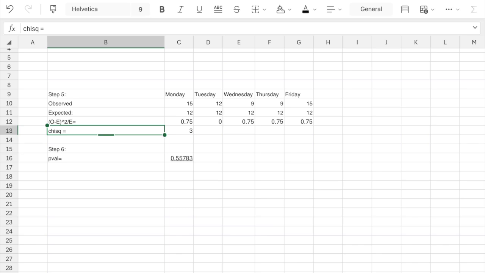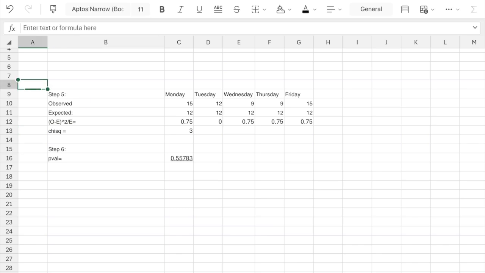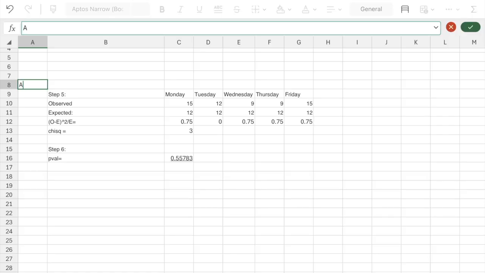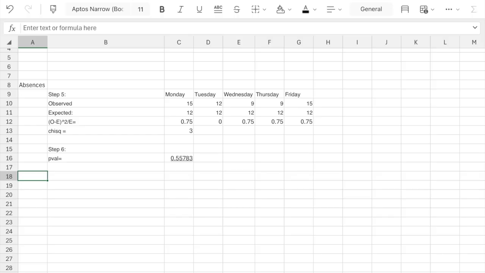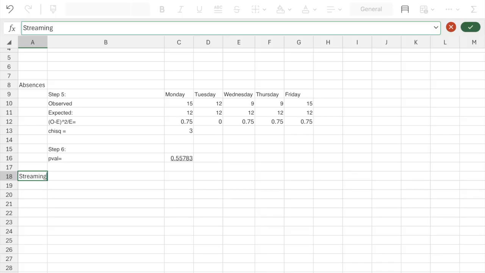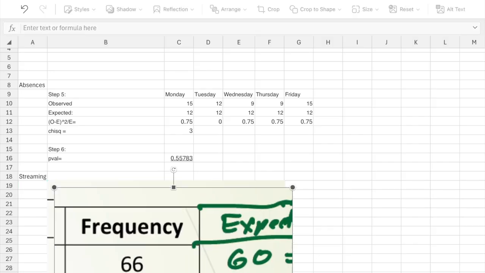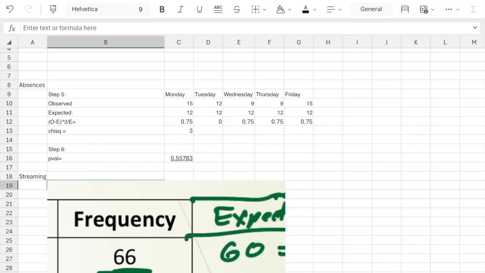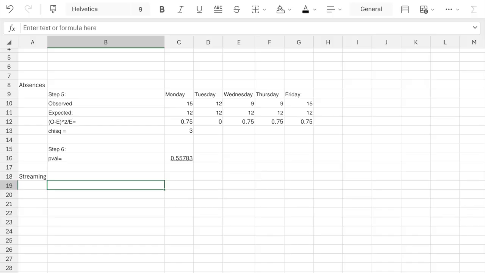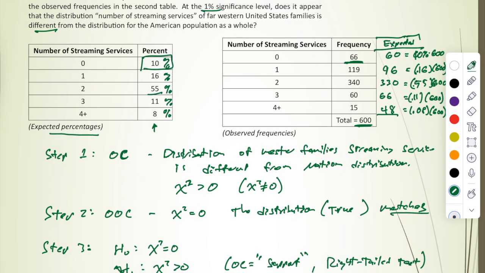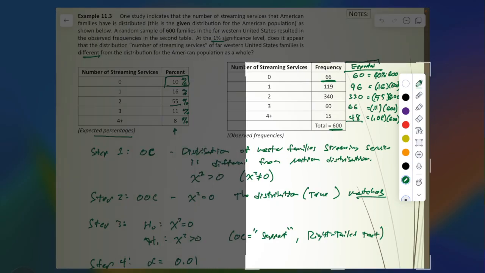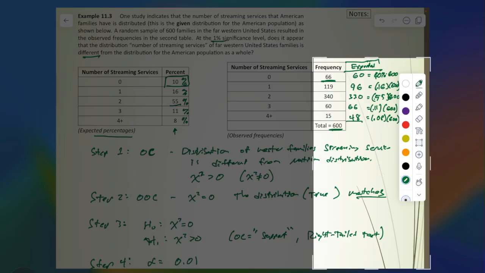Okay, so this one was absences, and this one here is going to be streaming. Let's see what happens if I paste. Ah, right, it added that to my clipboard. There you go.